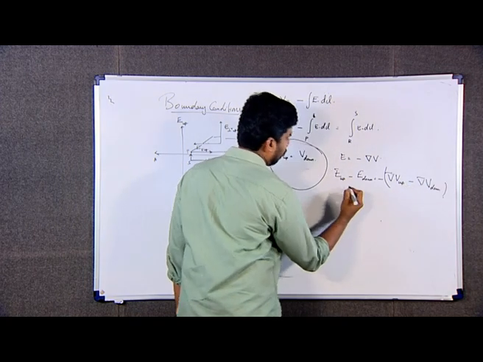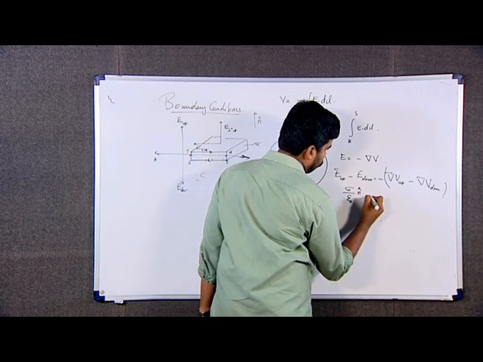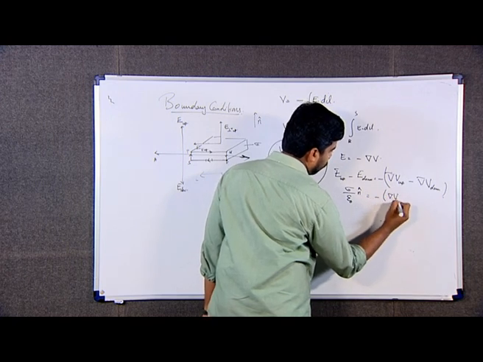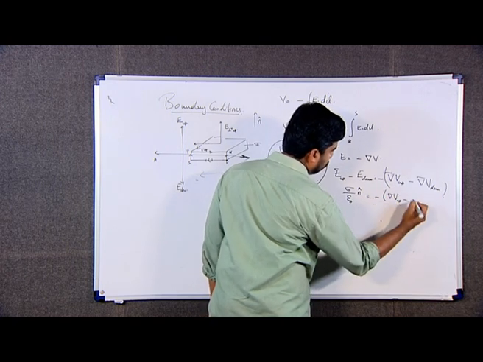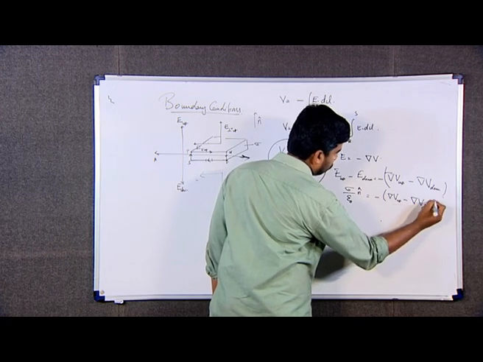What is E up minus E down? It is equal to sigma by epsilon 0 into n cap, which is equal to minus of del V up minus del V down.